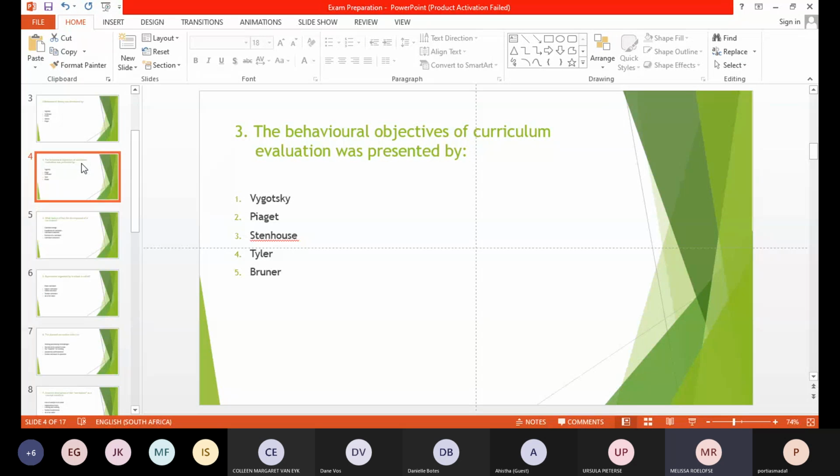Tyler believed that evaluation is needed to assess whether learning experiences have produced the intended results and met the curriculum objectives. The criteria for success should be behavioral evidence from objective instruments such as tests, questionnaires, and work samples. So yes, that's got all the words that you've used there. So I would think Tyler.